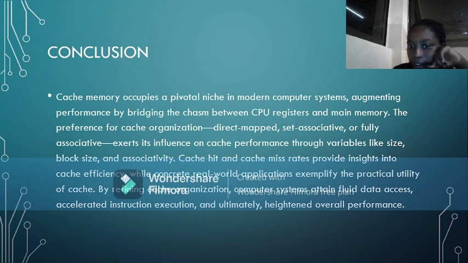Cache hit and cache miss rates provide insights into cache efficiency, while concrete real-world applications exemplify the practical utility of cache. By refining cache organization, computer systems attain fluid data access, accelerated instruction execution, and ultimately heightened overall performance.